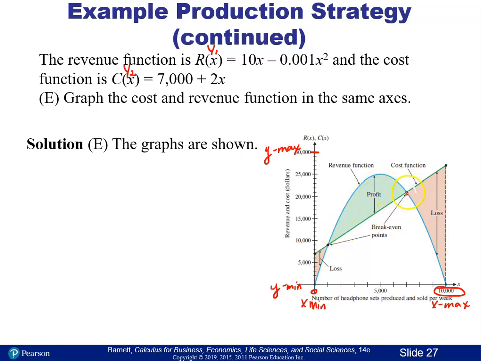We have another place where they equal each other. These places where revenue and cost are equal are called break-even points. When we're at the break-even point, we're neither gaining nor losing, we're just breaking even. And then here, because the revenue comes down and the cost is staying the same, we have another place where we're losing money again. So we want to stay between these two break-even points.